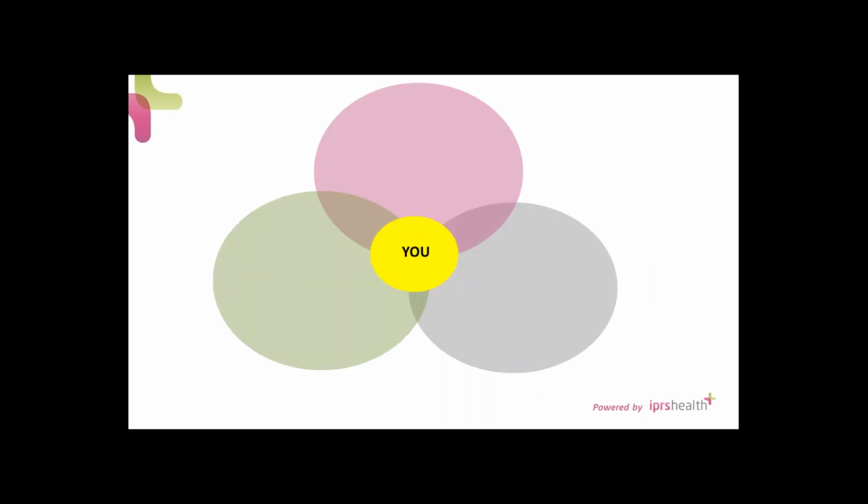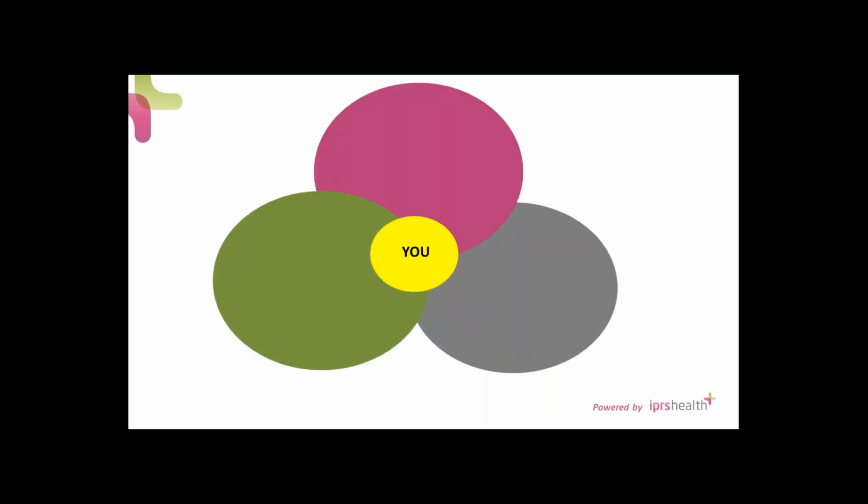So if we take you in the middle, there's three different categories that we would generally break things down into to break down what influences your painful experience. They're the biological things. So the state of the tissues is important. So the bones, the cartilage, ligaments, muscles, skin, all of those different things do play an important role in the painful experience.